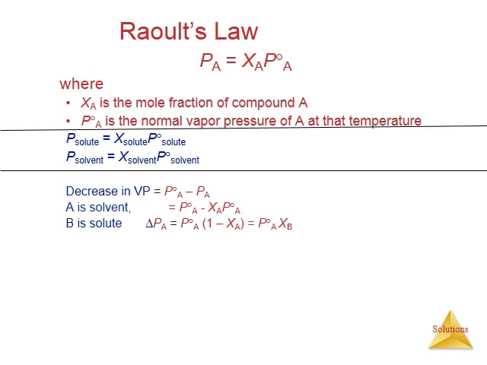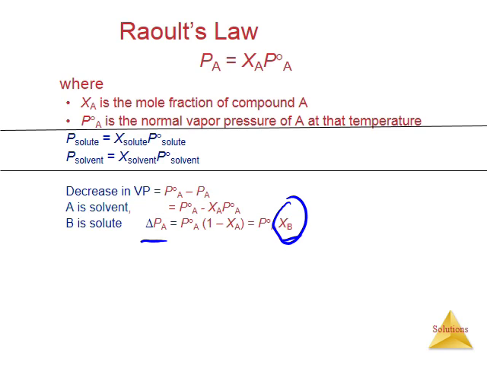Now this expression, Raoult's law, shows you the relationship between the solute concentration and change in vapor pressure. So XB is the mole fraction of solute. Here B is the solute and A is the solvent.